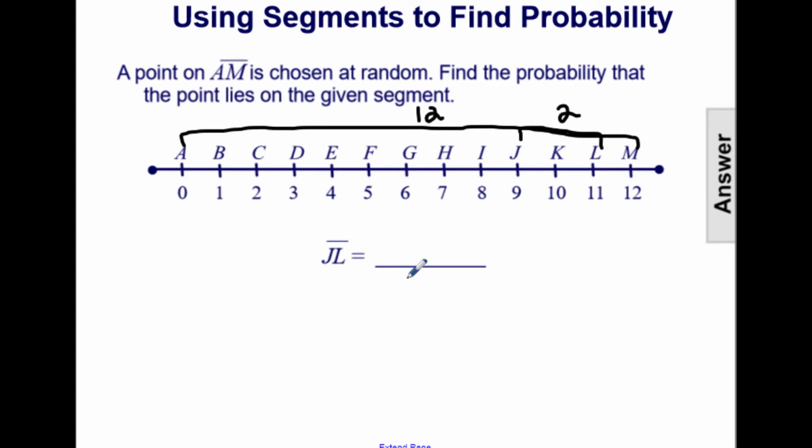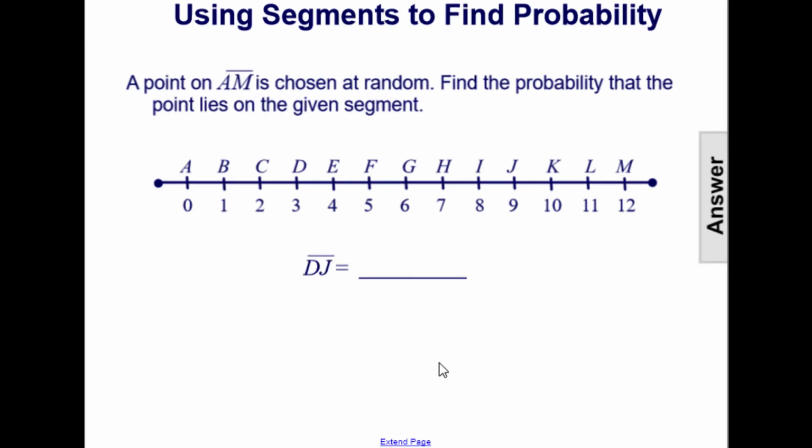So we have a length of 2 over length 12, which can simplify to 1 over 6. So the probability is 1 over 6, or as a decimal 0.17, or as a percent, 17% of that point being on JL.